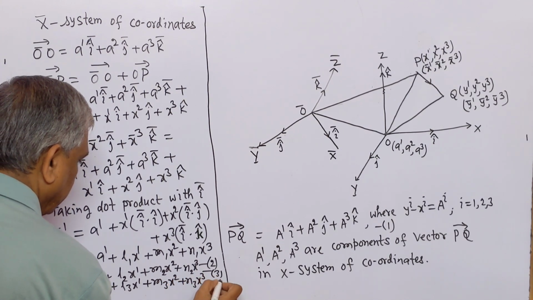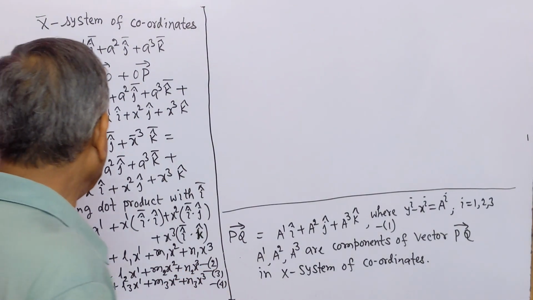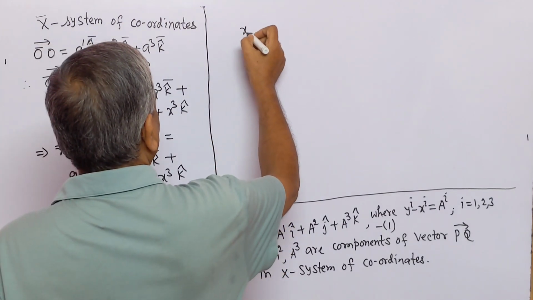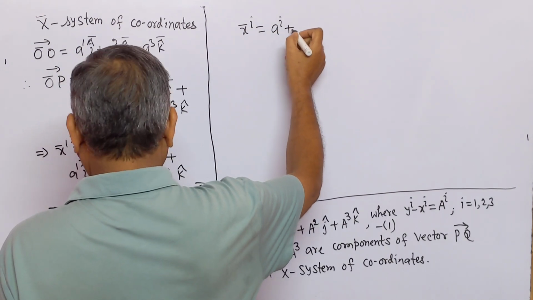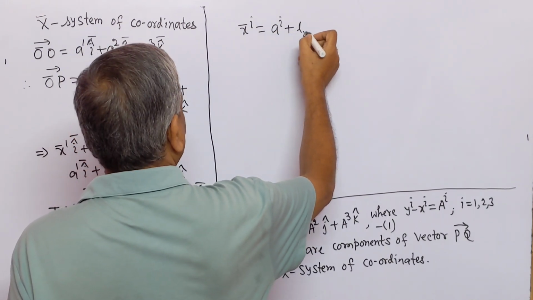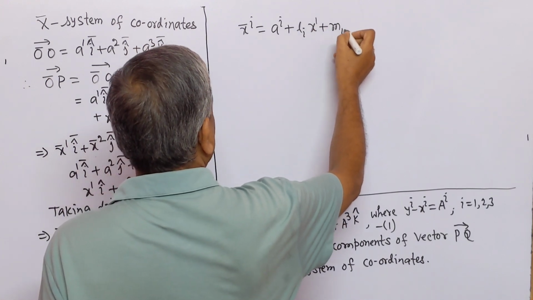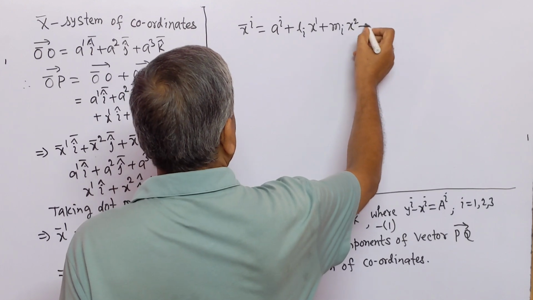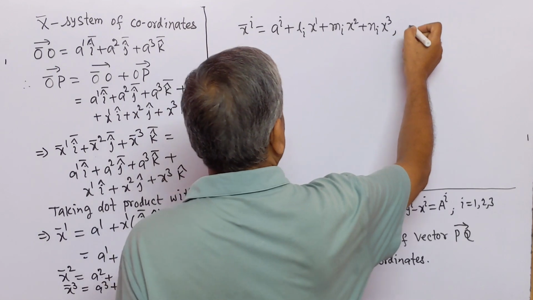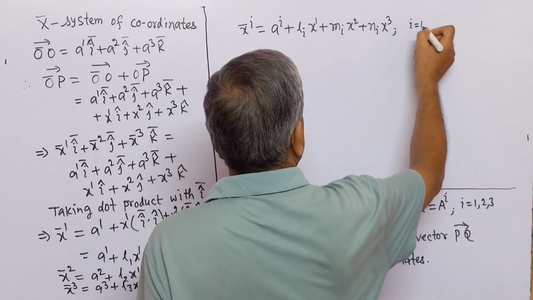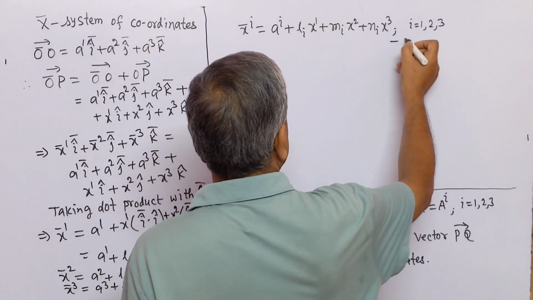This is number 4. We may generalize 2, 3, 4 as x bar i equal to Ai plus Li x1 plus Mi x2 plus Ni x3, i equal to 1, 2, 3. Let this be number 5.